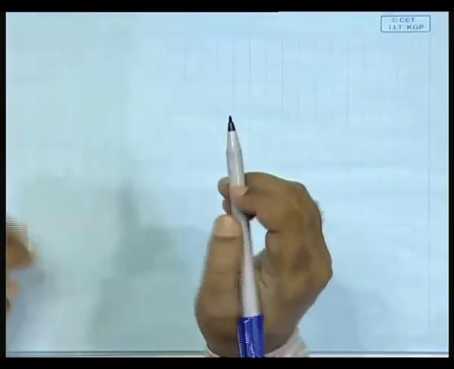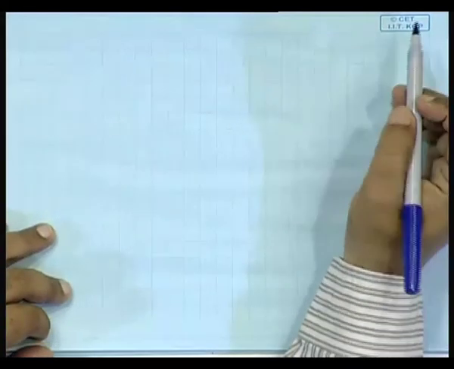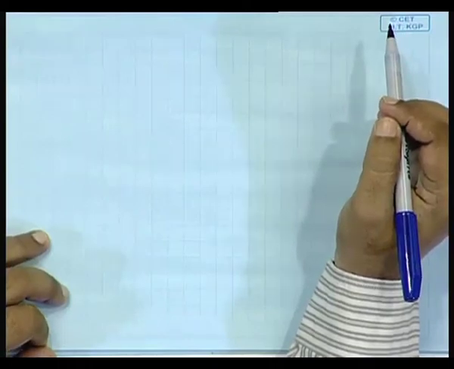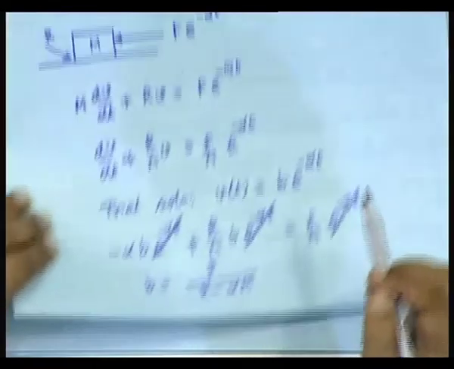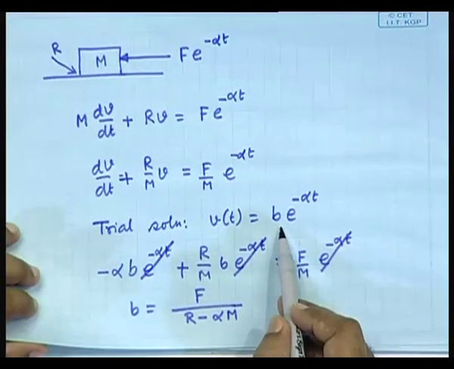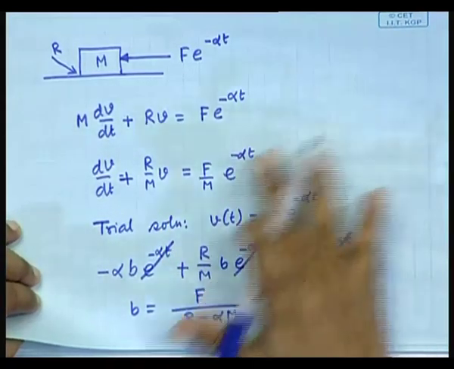Fine. So, once we have obtained this, the trial solution is which part? Steady state part. What will be the transient part? Obtain the transient part, drop this, and what will be the transient solution?